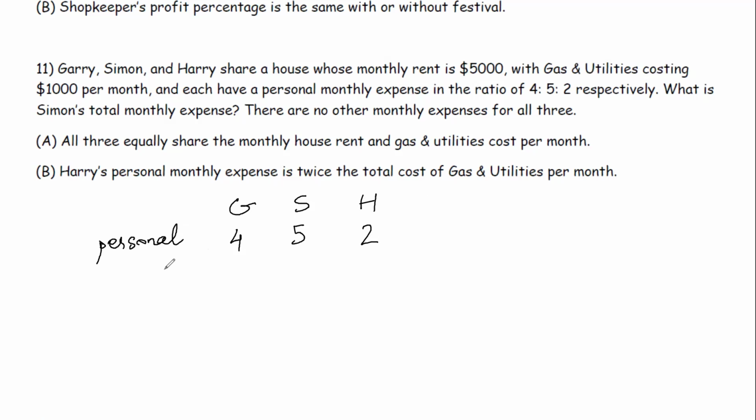What is Simon's total monthly expense? And there are no other monthly expenses for all three. So just make sure that there are no other expenses for each of them. So A, B, C, D, E.